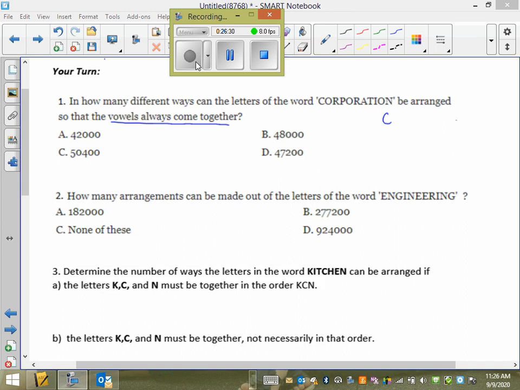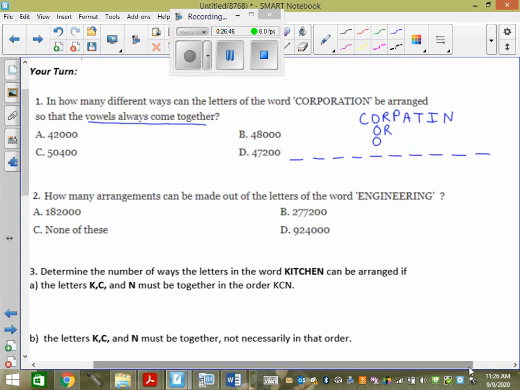So we go C, O, R, P, O, R, A, T, I, O, N. 1, 2, 3, 4, 5, 6, 7, 8, 9, 10, 11. Divided by, I immediately have 3 factorial, 2 factorial in brackets, right? Because before I even do that question, I know every single time I'm going to have to divide by those.